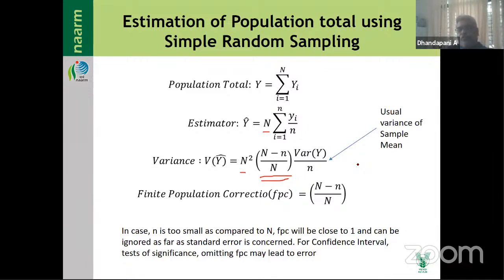So the reduction is going to be very, very less. For a very large population, the sigma square by n kind of formula will work. But if your small n by capital N is not negligible, then you will have to adjust this. This is what we call finite population correction.